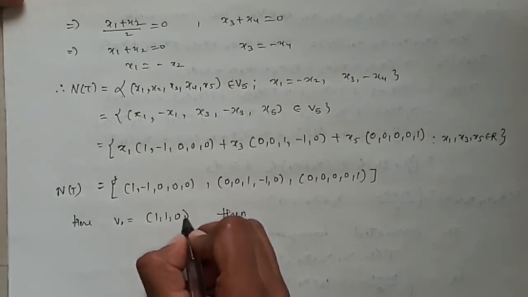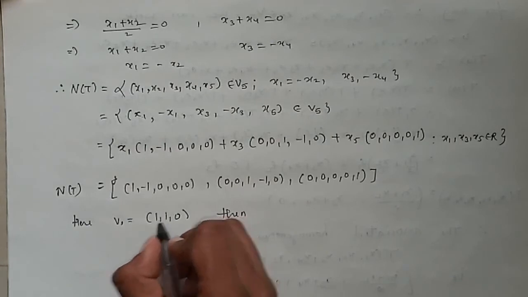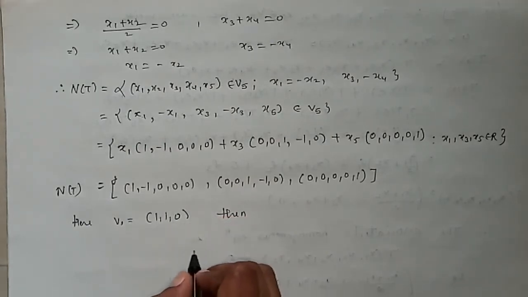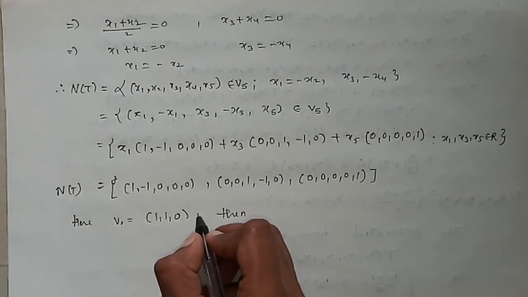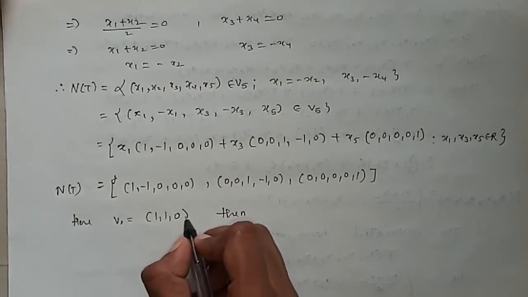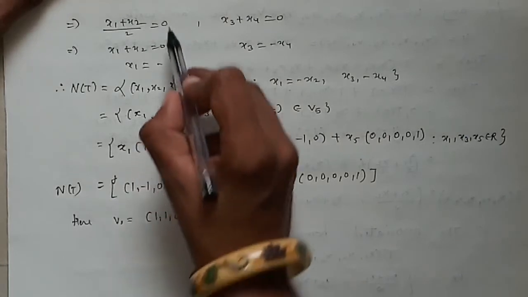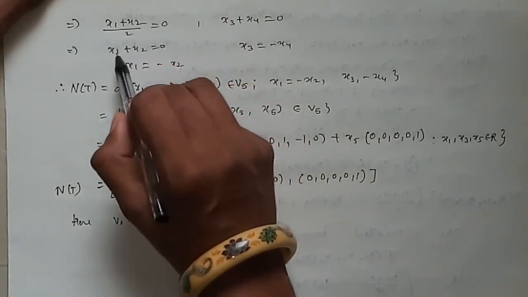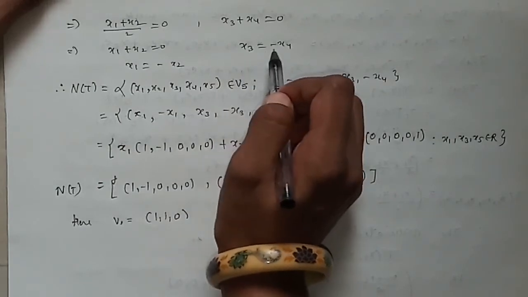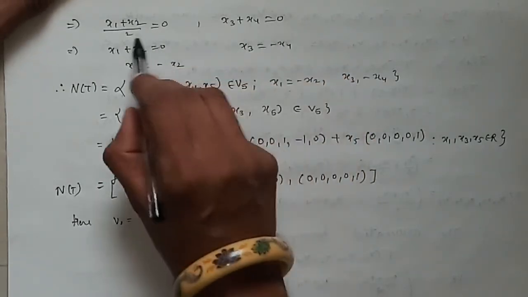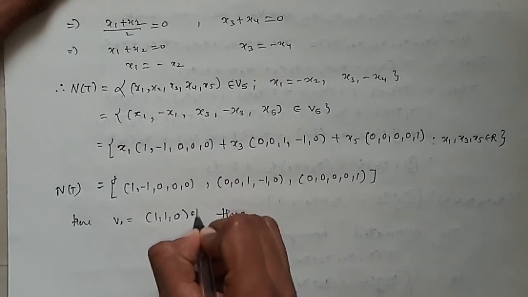First of all we will see whether this belongs to the range of T or not. So it is clear that this belongs to the range of T, because if I put 1 here, then x1 is equal to 1 minus x2 and x3 is equal to 1 minus x4. So obviously this belongs to the range of T.